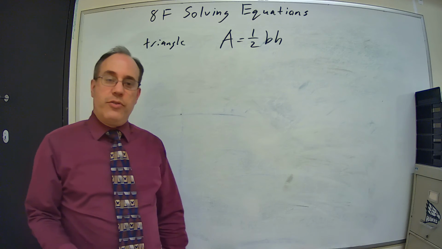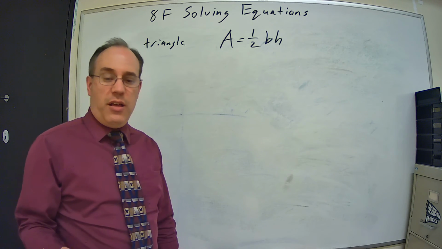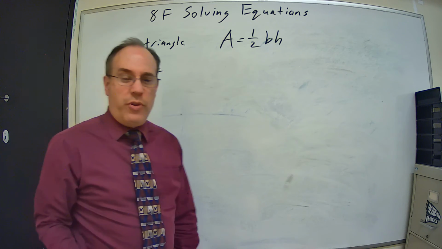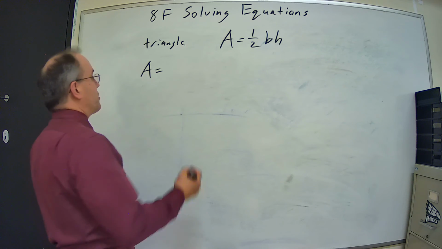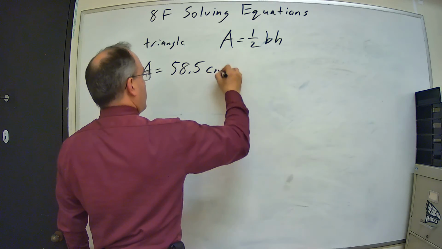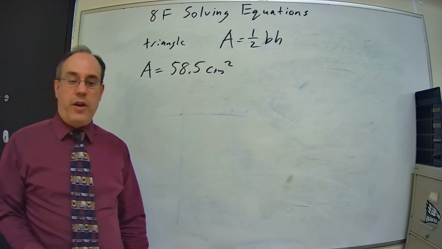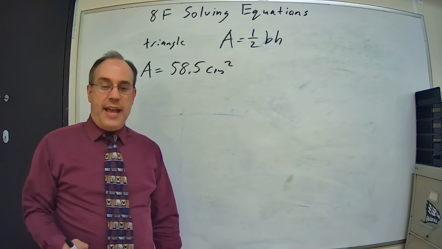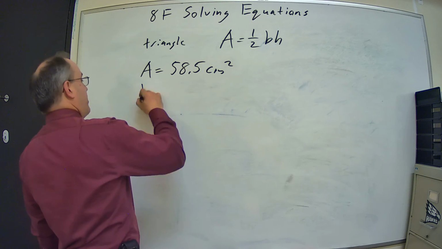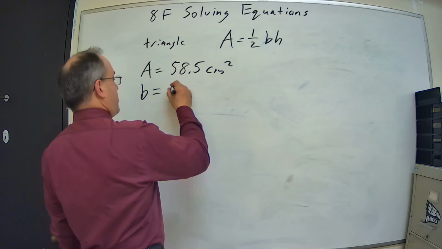But now what we can do is say, what if I know that the area of the triangle, A, is equal to 58.5 square centimeters, and I know that the base of this triangle is 13 centimeters.